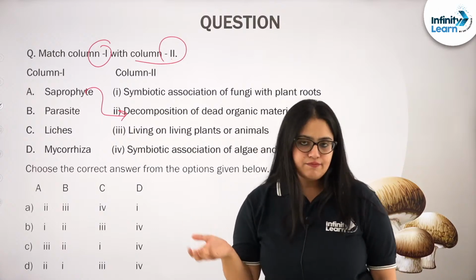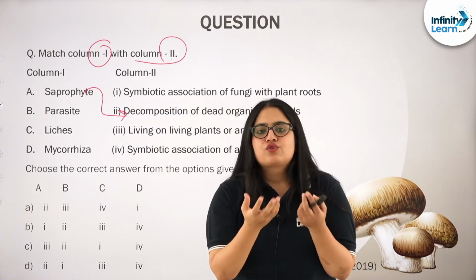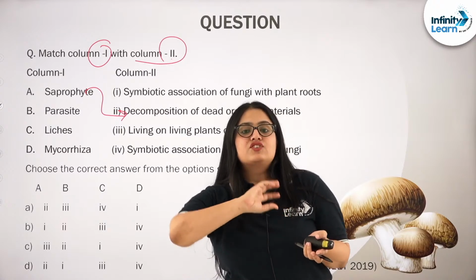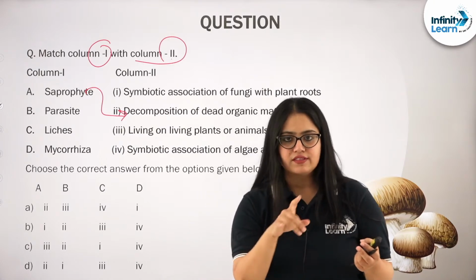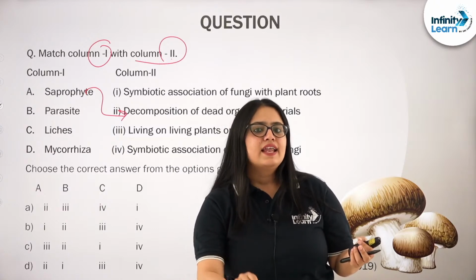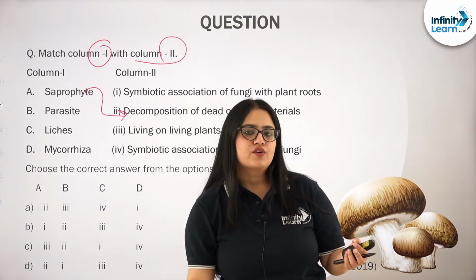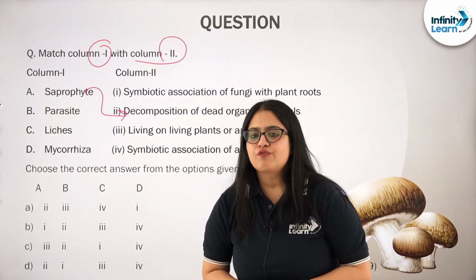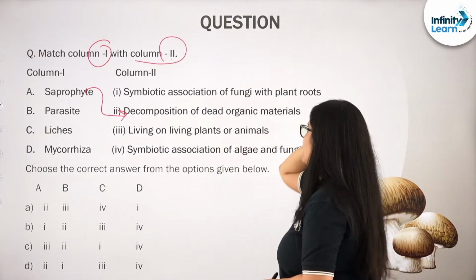Saprophytes, like most fungi, release digestive enzymes into the environment, where these enzymes convert the complex organic matter into simpler organic food, and then the fungi absorb it, right? This is the saprotrophic mode of nutrition seen in fungi, where they obtain nutrition from dead and decaying organic matter.